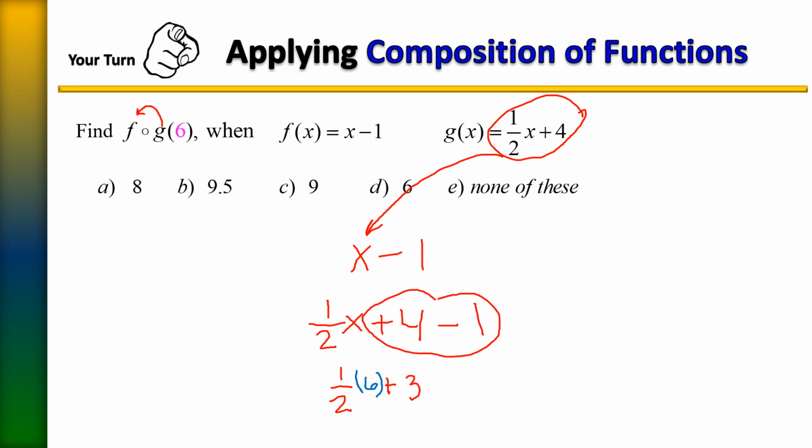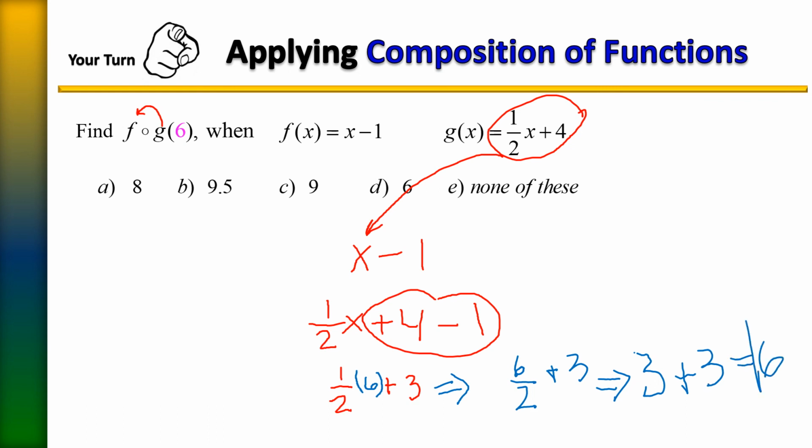When we do so and simplify that, we're going to have 6 over 2 plus 3, and 6 divided by 2 is 3, and then 3 plus 3 will equal 6.